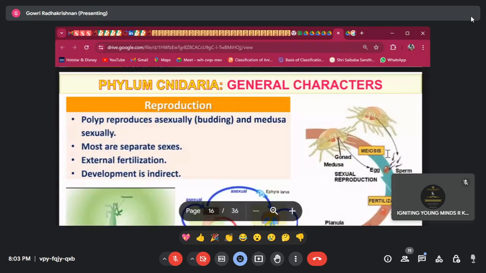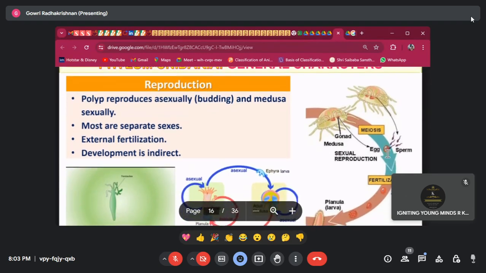Okay. And then reproduction. First of all, you have to understand there are two different body forms in this phylum. Polyp is one body form and medusa is another. The polyp is the upright position where the tentacles face up, and the medusa is an upside-down position where the tentacles face the bottom, like an inverted cup with hanging tentacles.